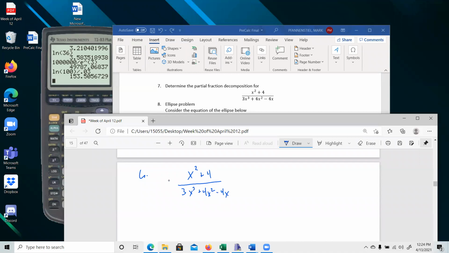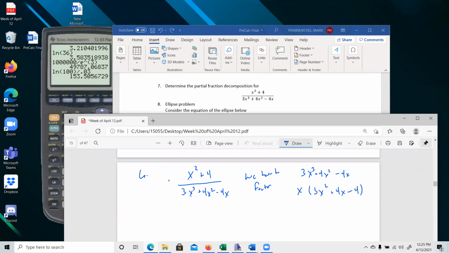We've got an x common to everybody. So we have to factor 3x cubed plus 4x squared minus 4x. It's going to be x times 3x squared plus 4x minus 4.